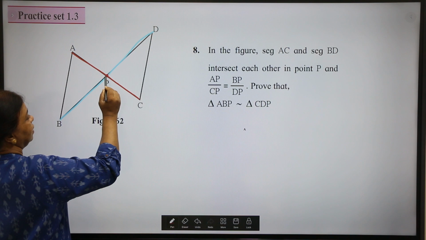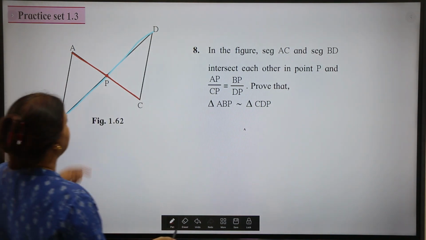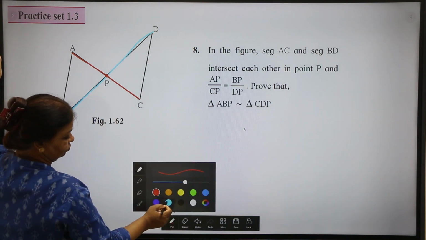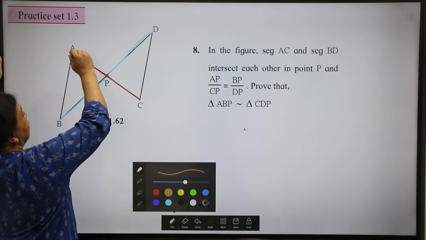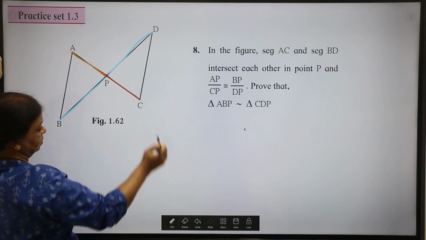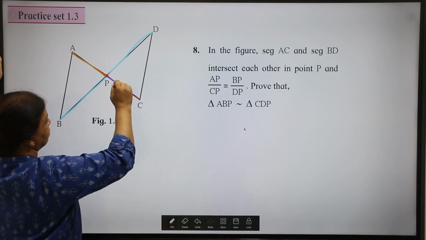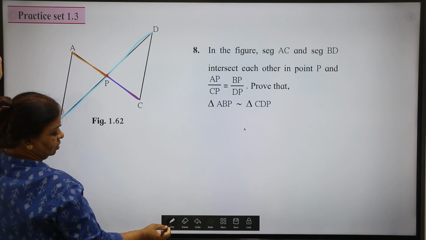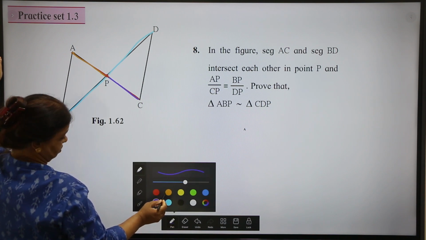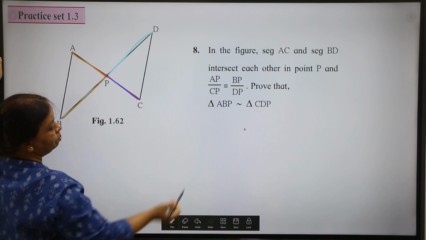This is the point P. And AP upon CP is equal to, given, BP upon PD.